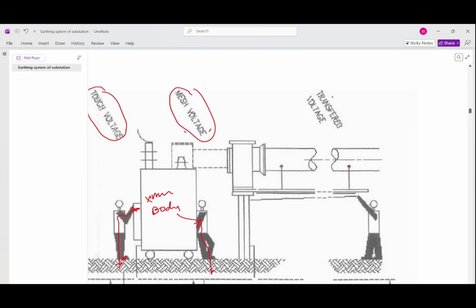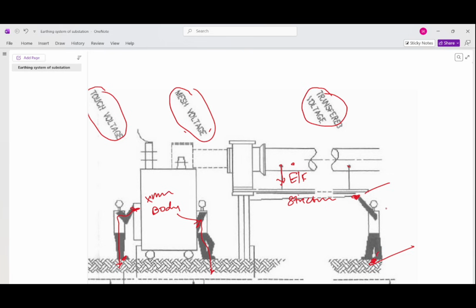Transfer voltage, you can say, this metallic body, if an earth fault occurred, and here is a structure, from the equipment metallic structure, earth fault, this current will flow to the structure, between this structure and this human touching point to the structure and to the ground point.